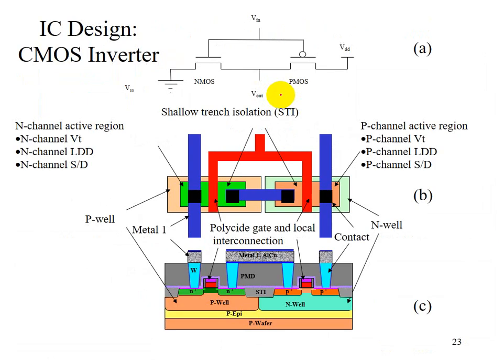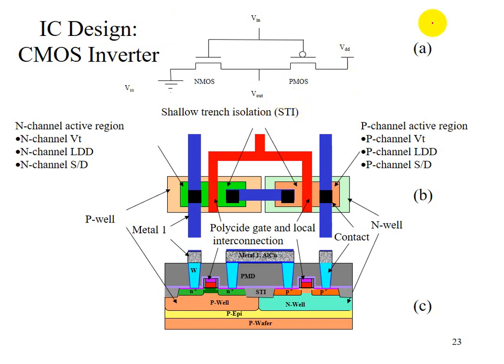Based upon the design and layout of the IC, you can then transform all those patterns into a mask, and use the mask to transfer the image, the pattern, the layout onto the silicon wafer.